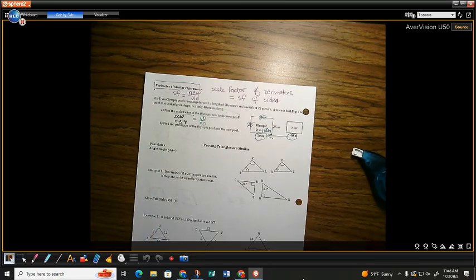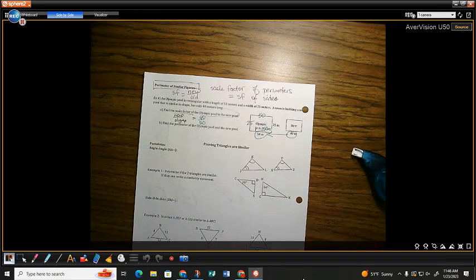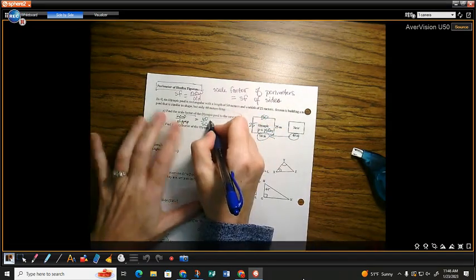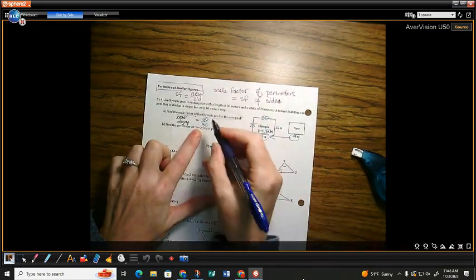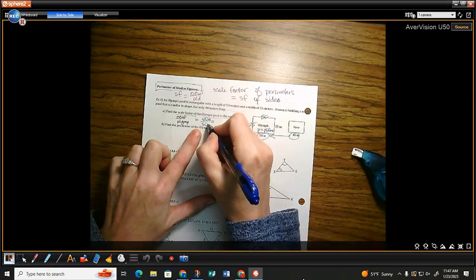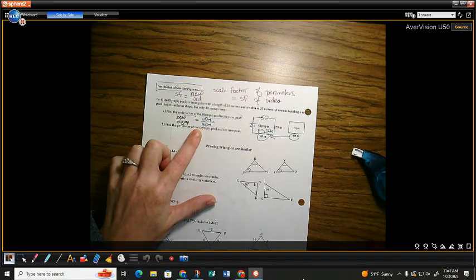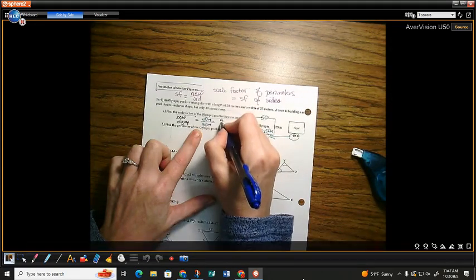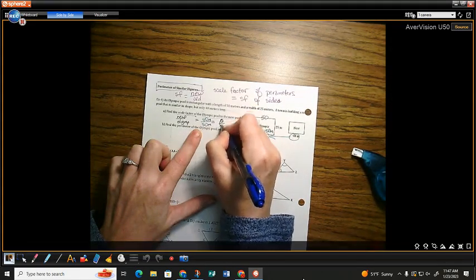So what's the perimeter of my new pool then? 80 meters. Do I know? No, but you can use the scale factor to find it. What was the scale factor of my 2 pools? 4/5. Remember, I said 4 and I wrote a 5.